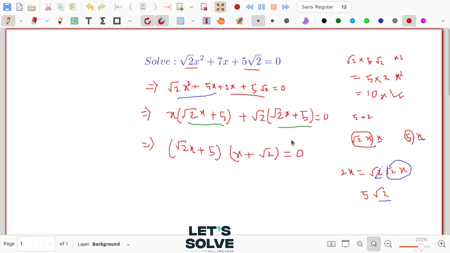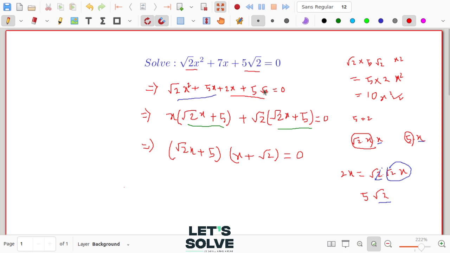Now you can see this is the product of two terms, and if the product of two terms equals 0, then either this equals 0 or this equals 0. So we can write root 2x plus 5 equals 0, or x plus root 2 equals 0.